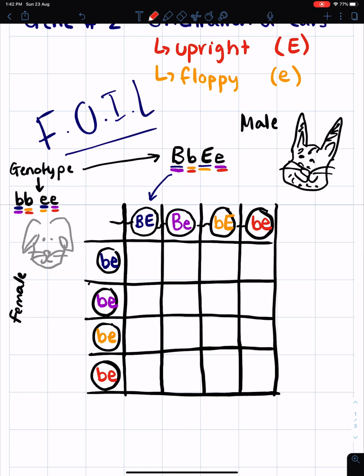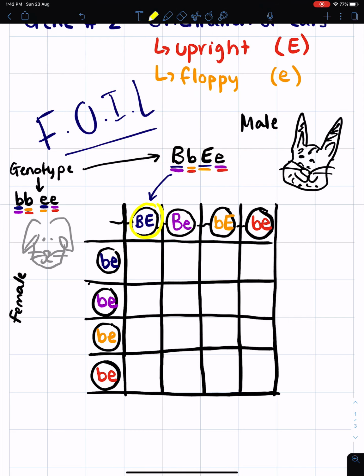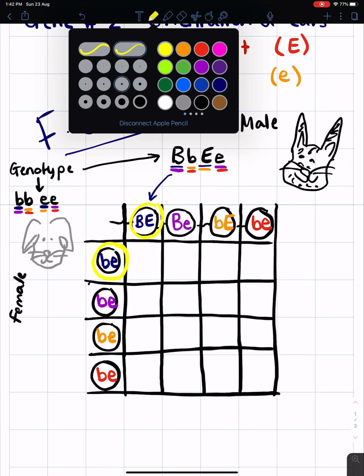Now what we've got to do is imagine what the genotype of the offspring is going to be if any of those gametes come into contact and actually get fertilized. So let's imagine that this sperm cell fertilizes this egg. What is the baby bunny zygote going to have in terms of its genotype?